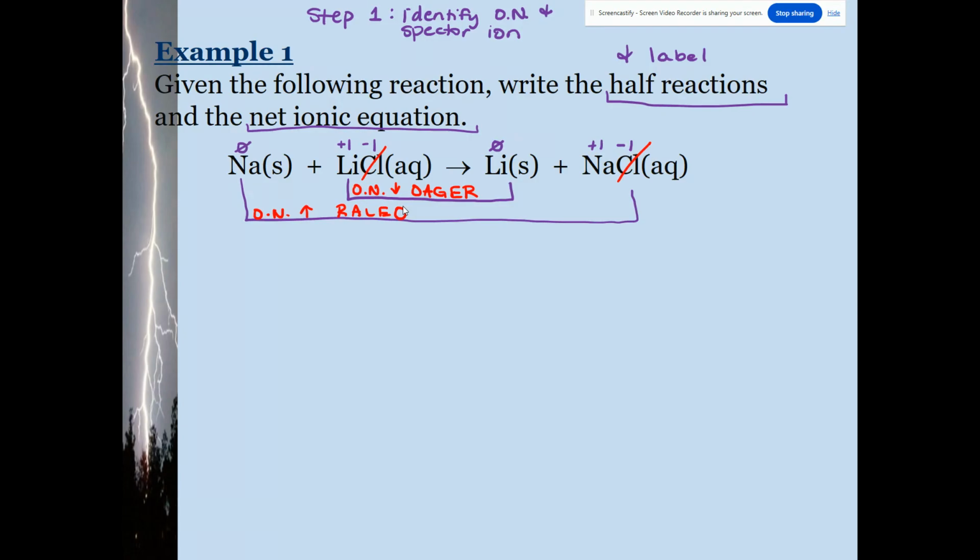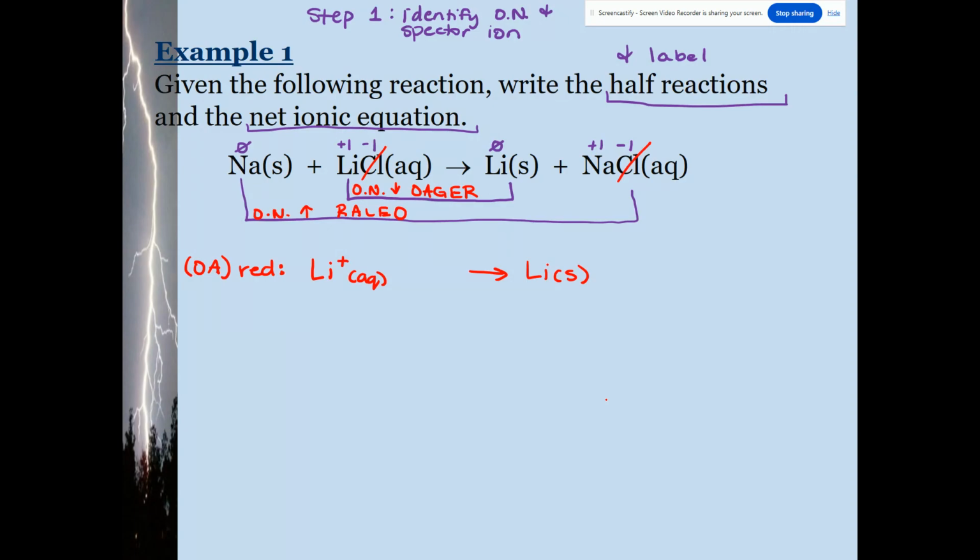Now, how I write my half reactions and label them, I'm going to say my oxidizing agent, which undergoes reduction, in this case, was the lithium ion. So I have to dissociate that and show that I have a free aqueous lithium ion, and it is becoming lithium solid. Okay?